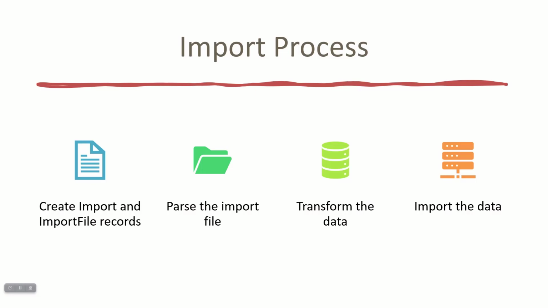If you're doing lookups, it makes sure that the actual lookup ID that you set, or the name, depending on how you're doing it, actually matches. Basically it takes care of all the work that needs to happen to take data from a flat file and turn it into a relational table within Dynamics. And the final part is, once it's done all of these things, it will import the data.